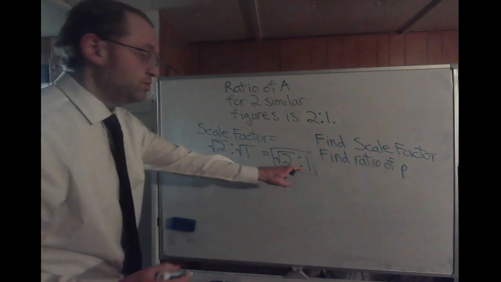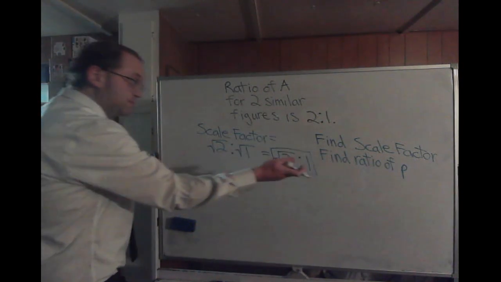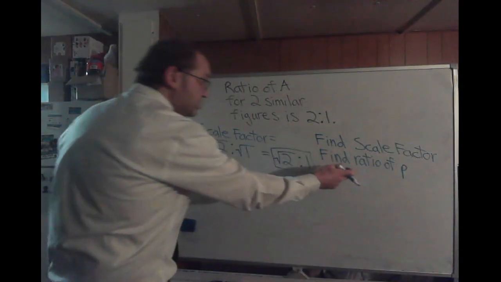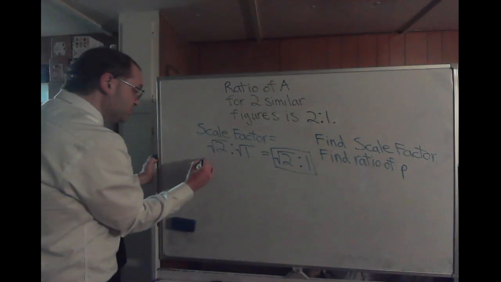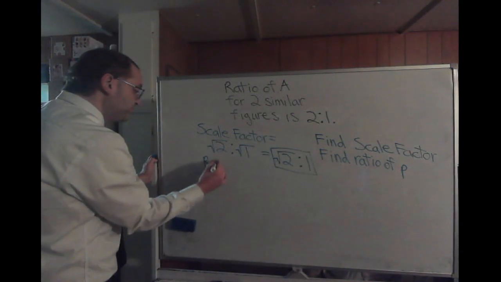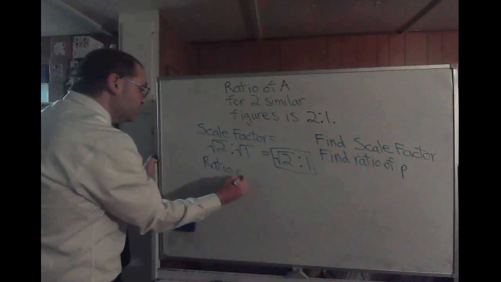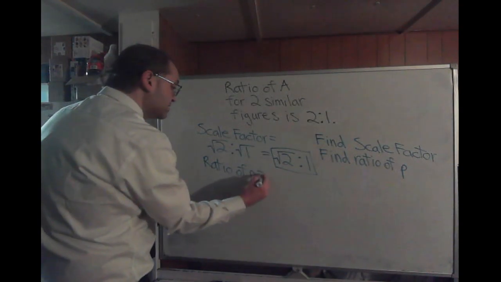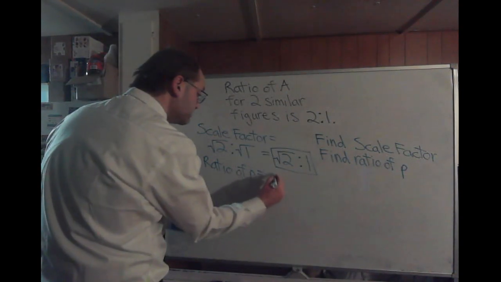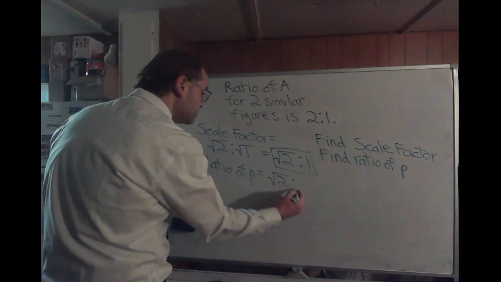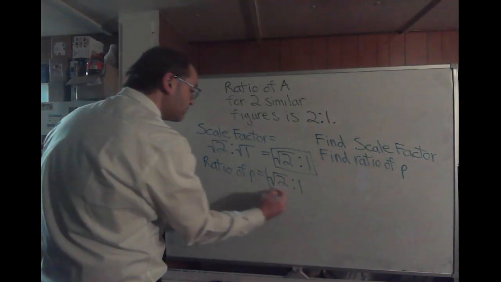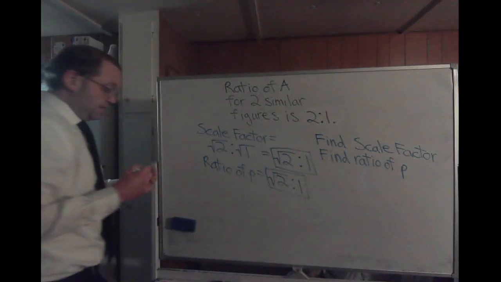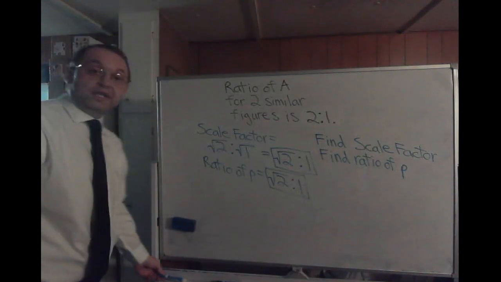Since you're also asked to find the ratio of the perimeters, it's always the same as your scale factor, so the ratio of the perimeters is also going to be equal to the square root of 2 to 1. And that's really it.